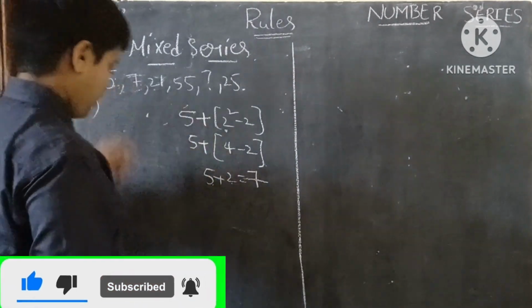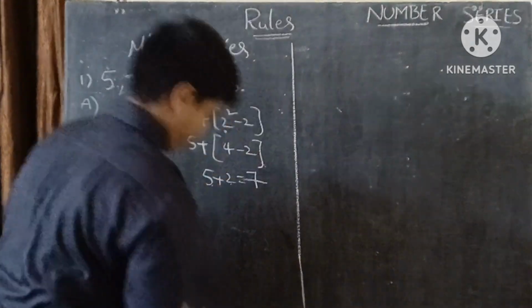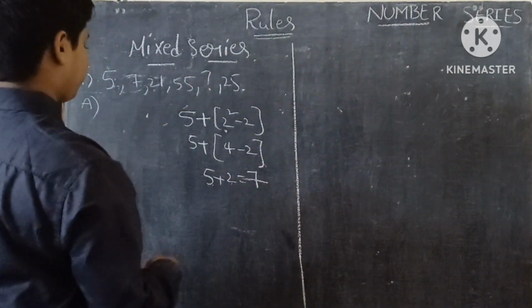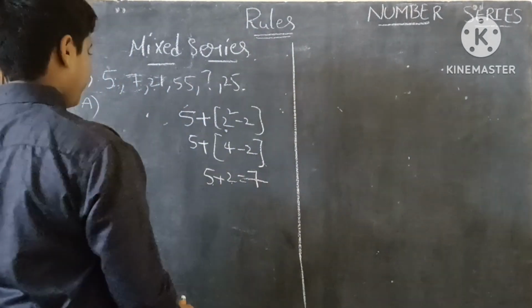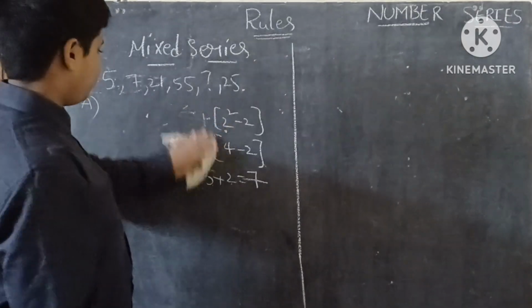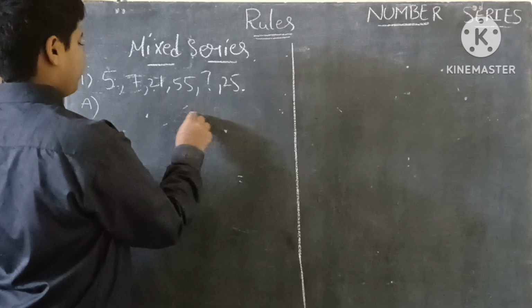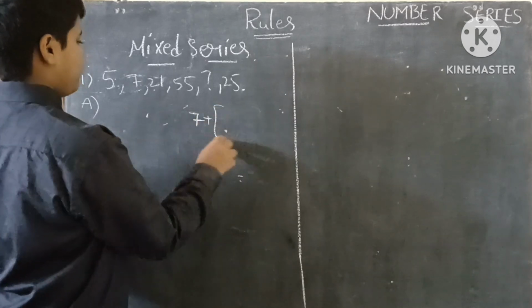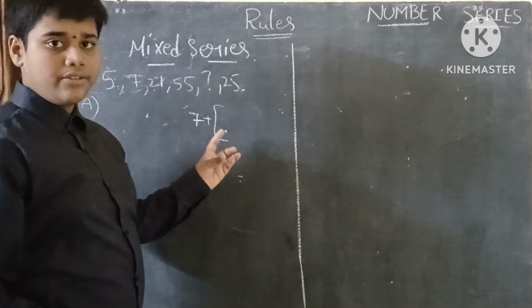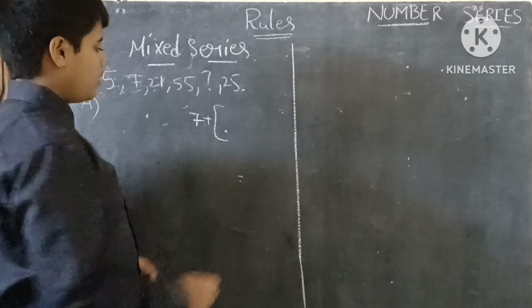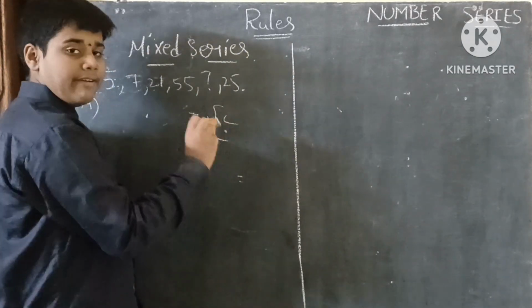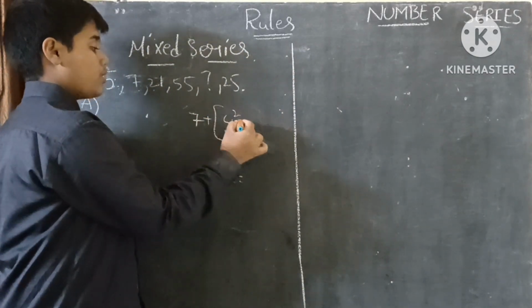Okay. And the next number, 7 plus, here we have to take not only 2 square minus 2. Next we have to take the next even number square, which means 4 square minus 2.